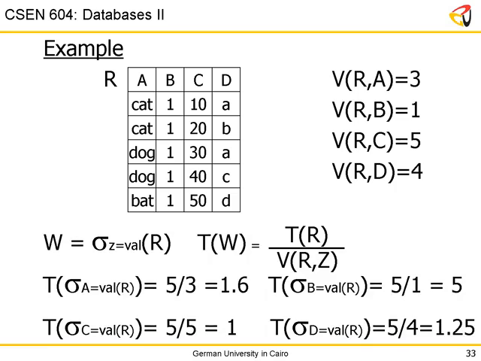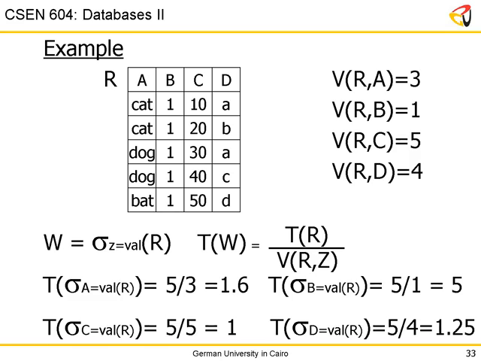So if I get a query on A, it's going to be 1 over 3 multiplied by 5, where 5 is the number of rows. If I get a query on B, it's going to be 1 divided by 1 multiplied by 5. If I get a query on C, it's going to be 1. If I get a query on D, it's going to be 1.25. And note, these are estimates. There's no result set that has 1.6 rows or 1.25 rows. It's just an estimate.